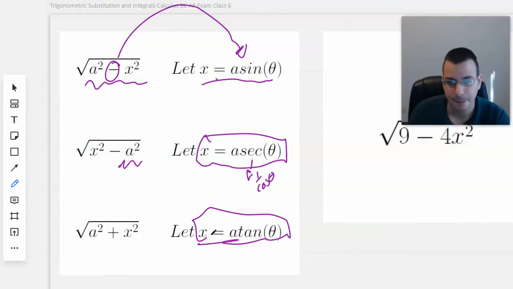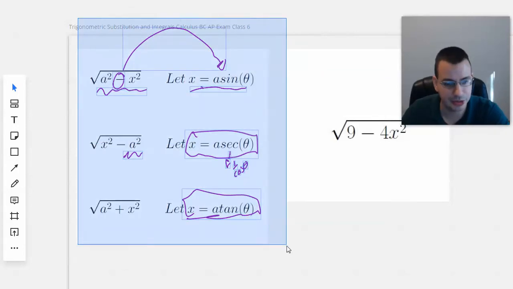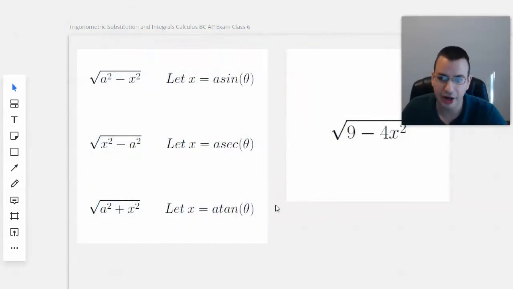Now, as I said before, these kind of get cumbersome in terms of time, so they are difficult to test on the AP exam because you don't have a lot of time to take the AP exam. Granted, you have 4 hours, but that's a lot of calculus to cover in a relatively small amount of time, and so you're not going to be tested on this as thoroughly as you would in a university level class.